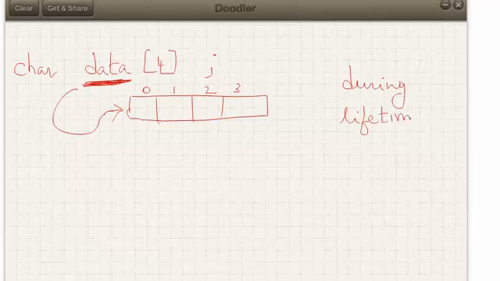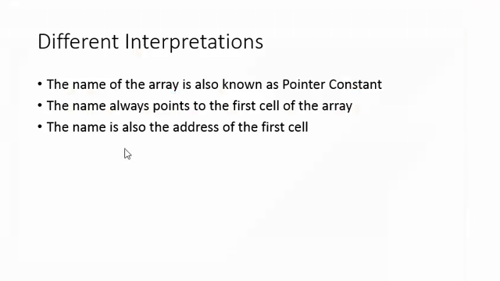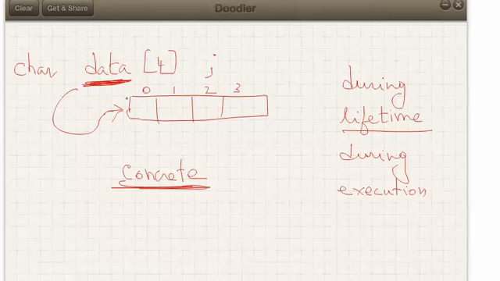Lifetime, or during execution, you cannot change it at all. Okay? It's concrete. That's very important. The name is also the address of the first cell. In a way, data is nothing but the address of the first cell.